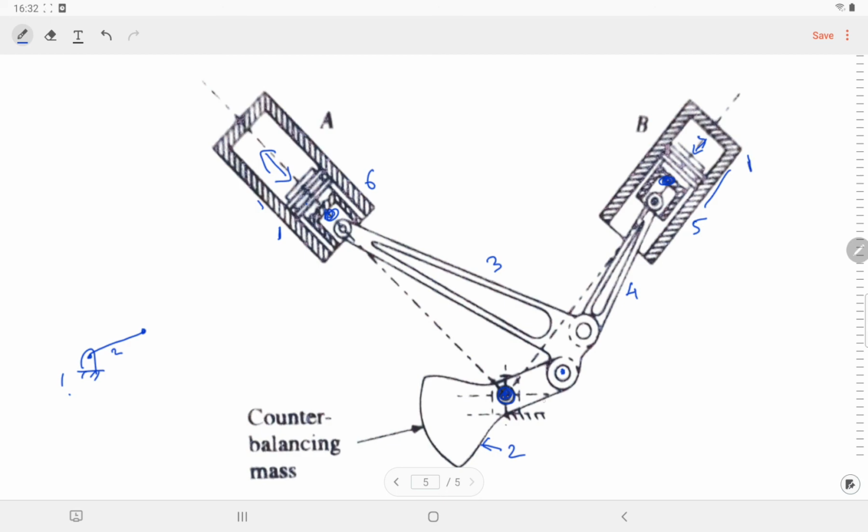Now what about link 3? Link 3 is actually not a binary link, it's a ternary link, because it has been connected with link 2, link 4 over here, and also with link 6. So I am going to draw it like this.